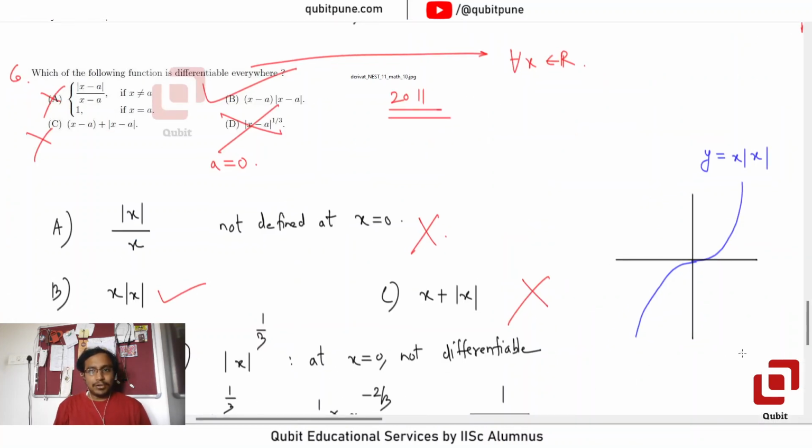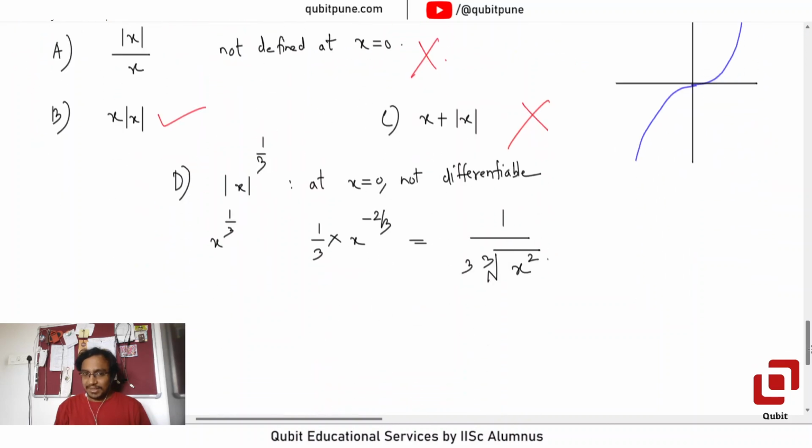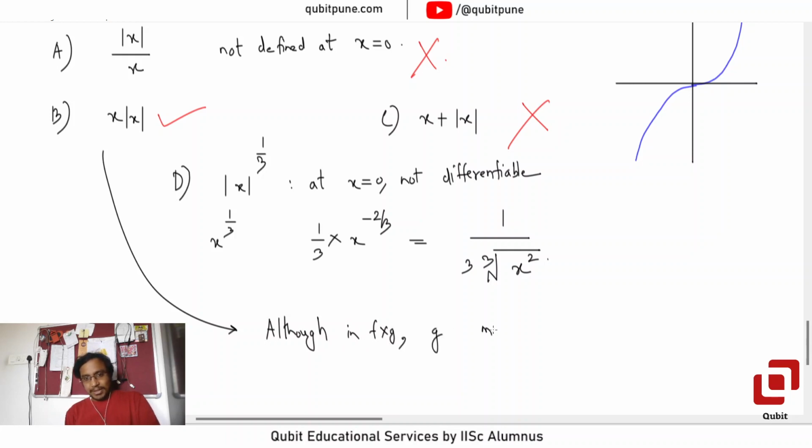And that also tells you something. What does it tell you? Although g may not be differentiable, f into g may be differentiable.